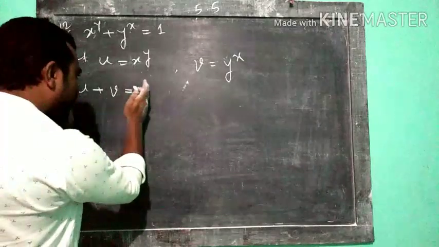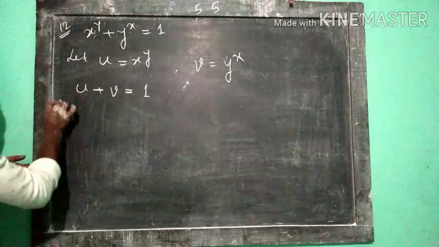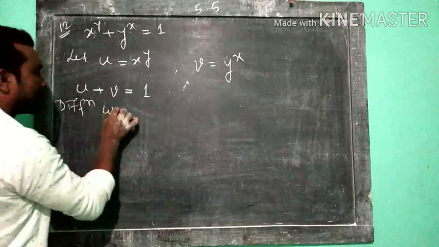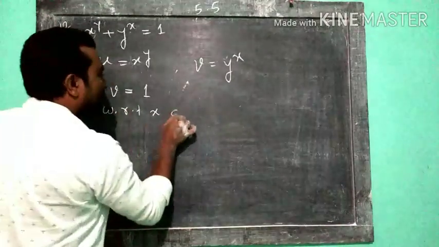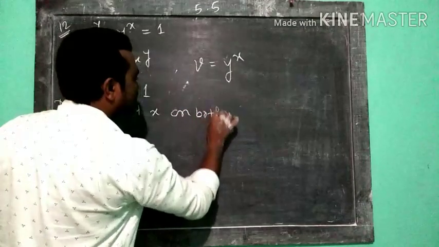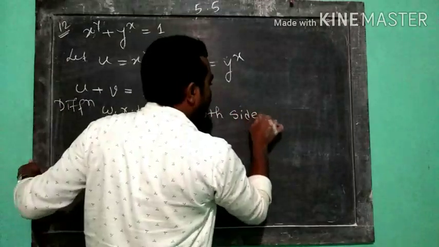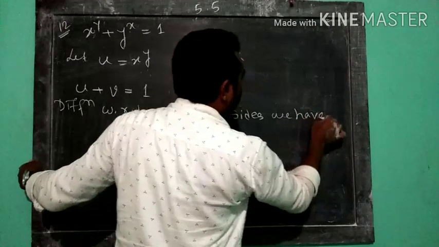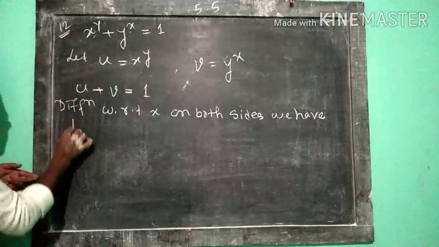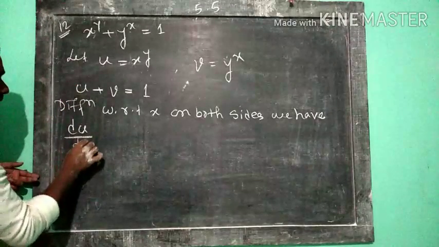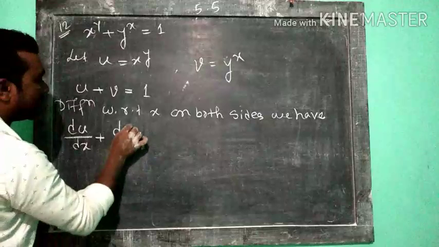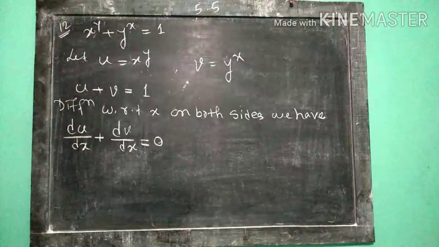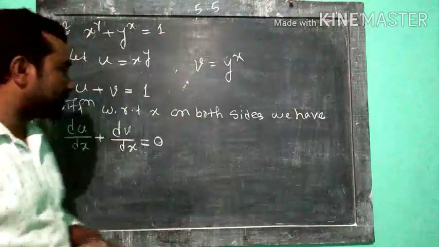If we differentiate this equation with respect to x on both sides, we have du by dx plus dv by dx is equal to 0, because the derivative of any constant is equal to 0.